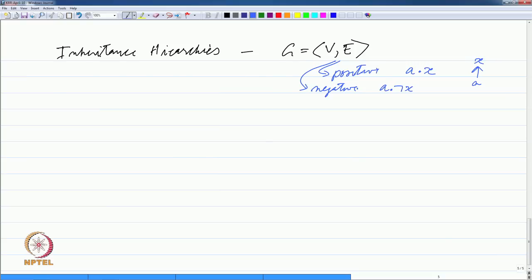Now, allowed paths are of two kinds. Again they are positive and negative. So, a positive path would say a dot x 1 dot x 2 dot x n dot some property v, let us say, where every edge is positive essentially.